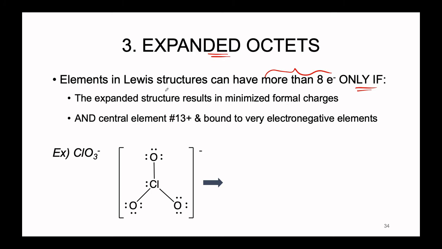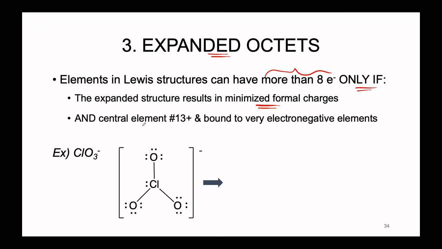First, the expanded octet must result in some type of minimized formal charge. In other words, if the molecular structure prior to expanding the octet does not have all 0 formal charges, or if it's not as minimized as it can be, sometimes pushing the electrons around and expanding your octet is going to result in lower or more minimized formal charges. If that's true, the molecule has incentive to expand an element's octet.